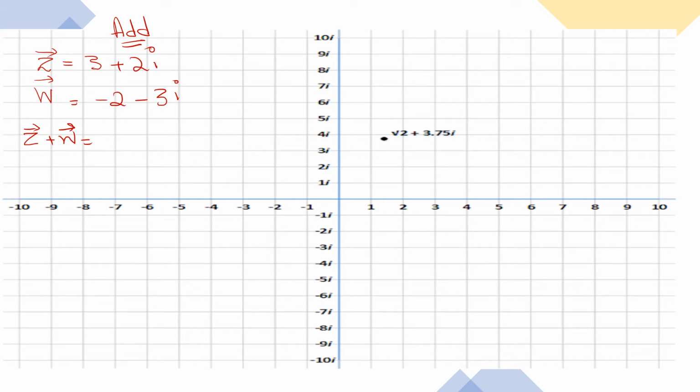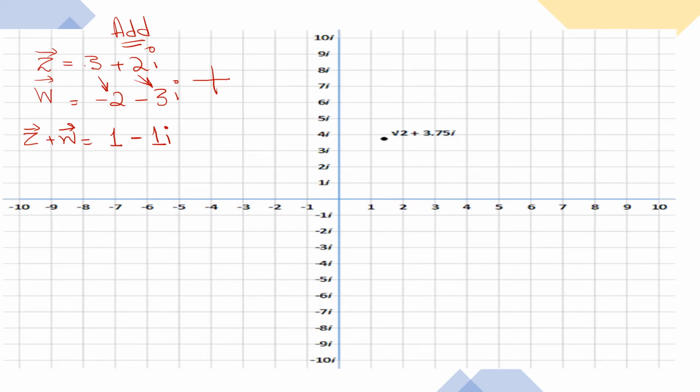The same way we add two complex numbers, we add the two vectors: real with real and imaginary with imaginary. So 3 minus 2 gives you 1, and 2i minus 3i gives you minus 1i.